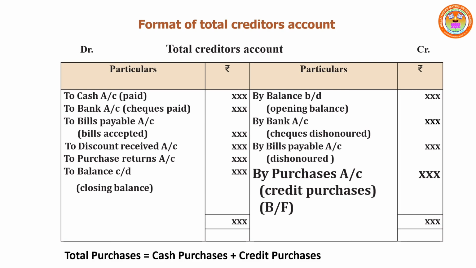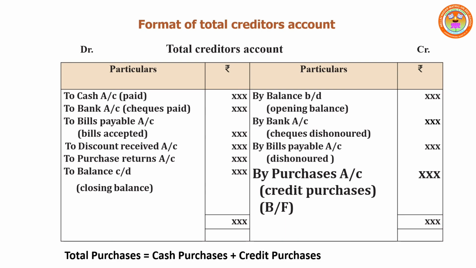On the credit side, by balance B/D, brought down, the beginning value of creditors amount. Then by bank account, checks dishonored. By bills payable account, the previous step, the bills dishonored amount we already used under bills payable account will appear again under total creditors account.